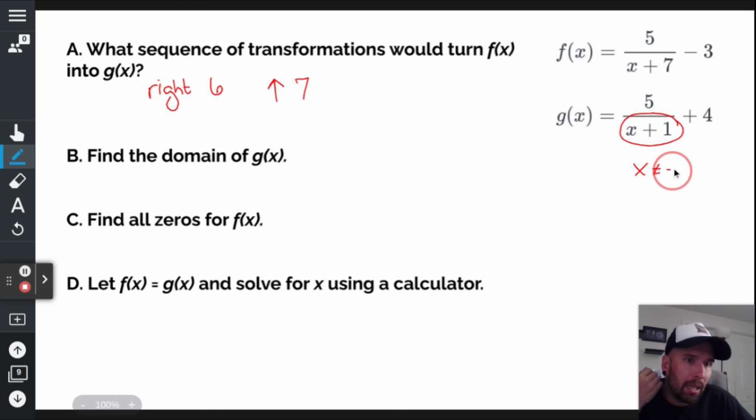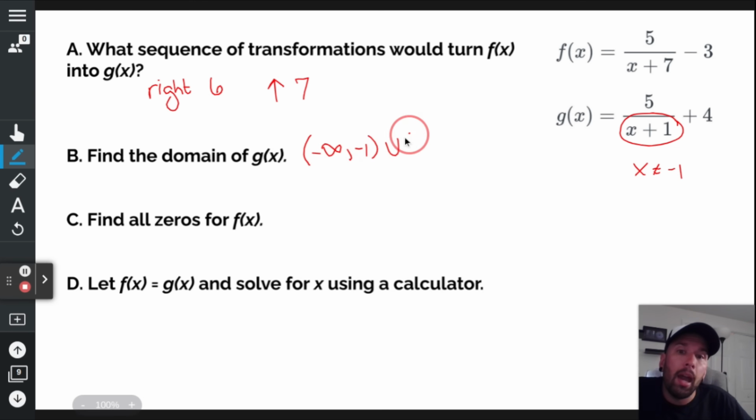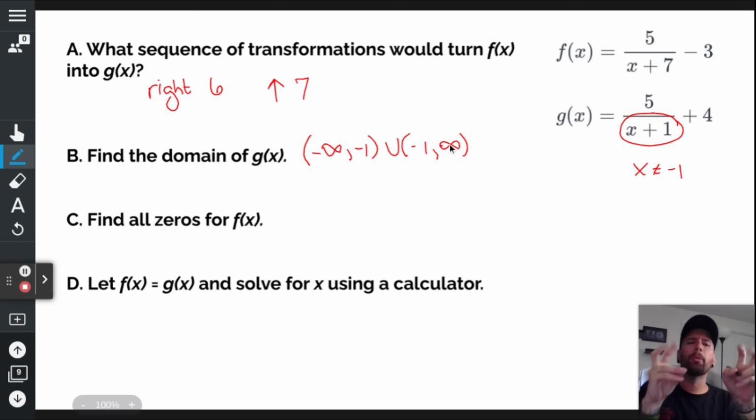So x cannot be -1. I'll write that as everything from -infinity to -1, union, from -1 to positive infinity. Or you can write it as all real numbers except x equals -1, or x cannot equal -1, or whatever.